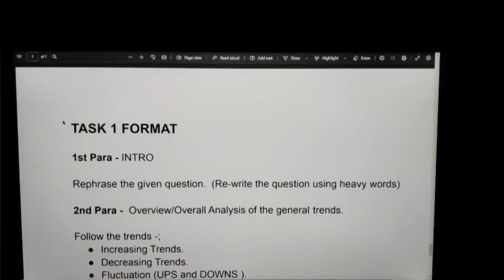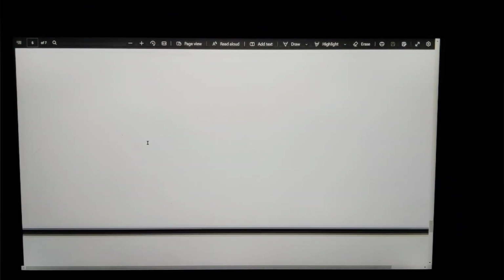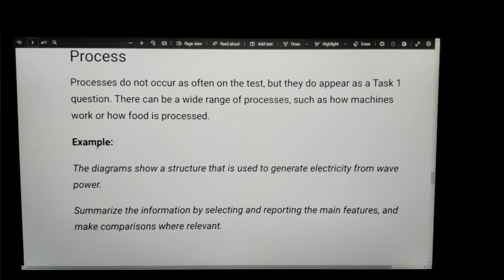So, move on to the format. That's the most important thing. In the first paragraph, we'll have to write the intro of the given question, the given diagram. So in the intro we'll just paraphrase this given line, and remember we do not have to repeat the words.